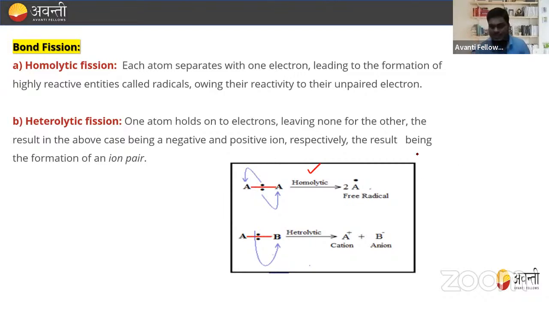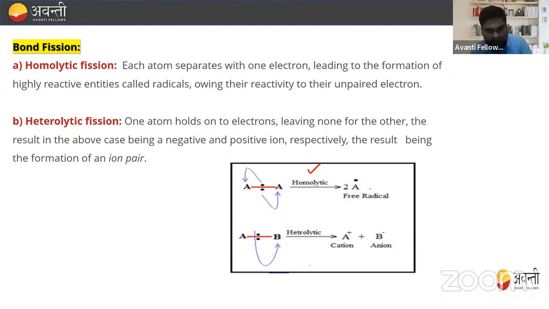So we get two free radicals, which are highly reactive because of the presence of an unpaired electron. One electron is taken by this A and one electron by the other A, so the formation of two free radicals takes place. Free radical means basically the atoms which contain unpaired electrons.